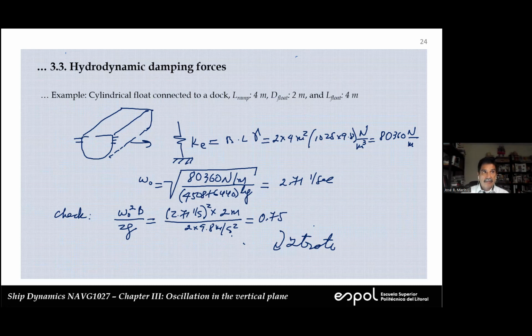We have to be careful, and we will see this on Thursday's class, because in ship dynamics, the excitation does not have a constant amplitude. So according to the wavelength and wave frequency, the amplitude of the excitation is going to change. So we have to be a little bit careful.